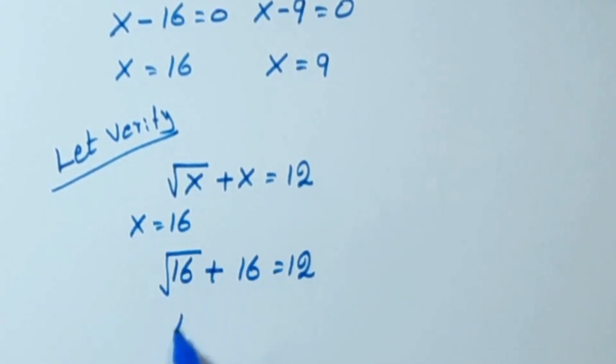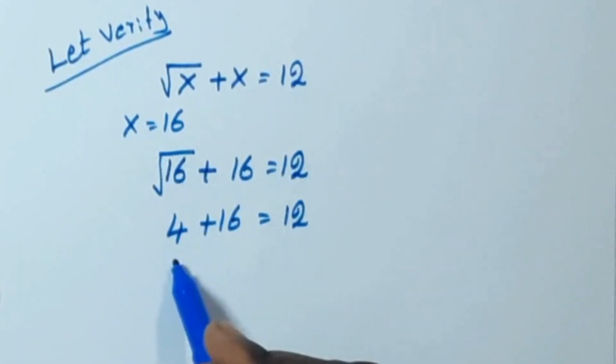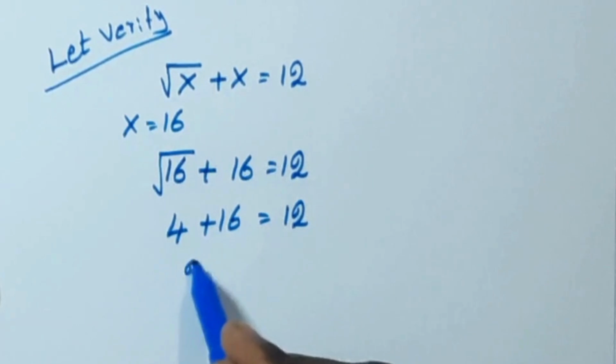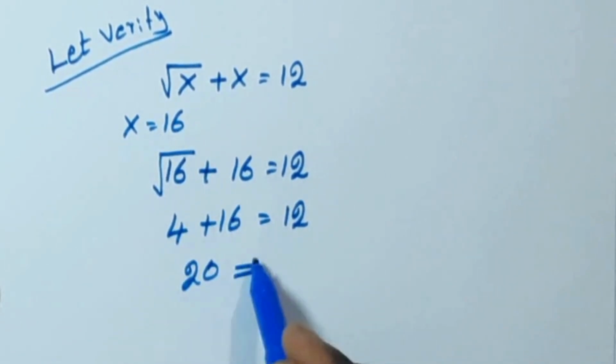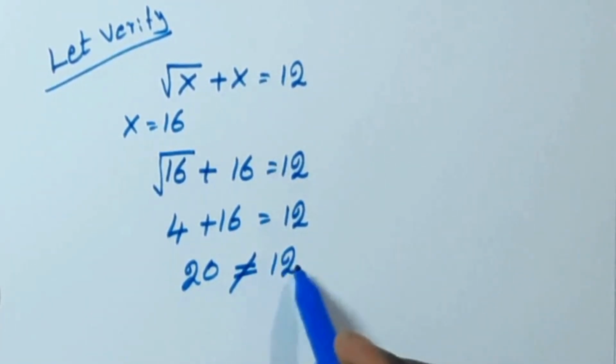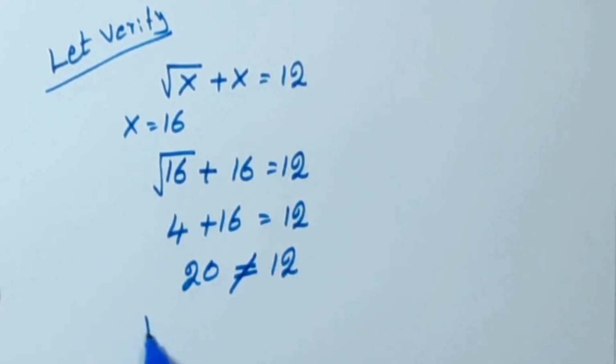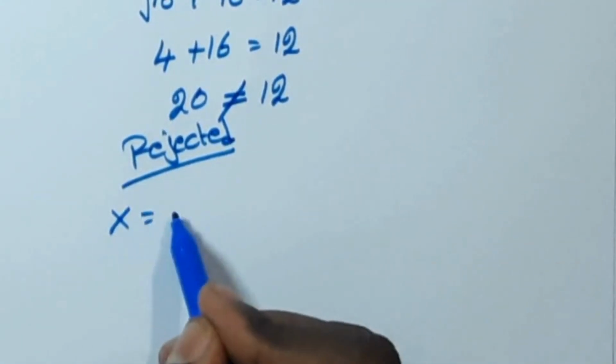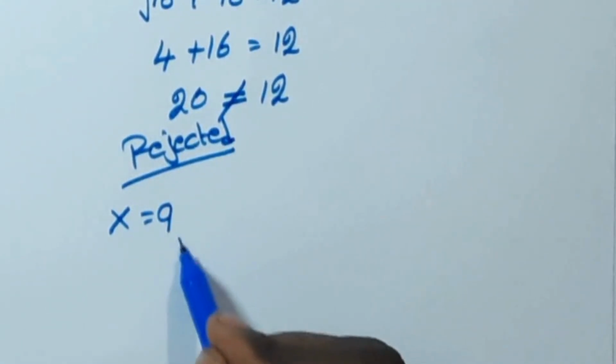Square root of 16 is 4 plus 16 equal to 12. 4 plus 16 is 20, which is not equal to 12. So we are rejecting this. Rejected.